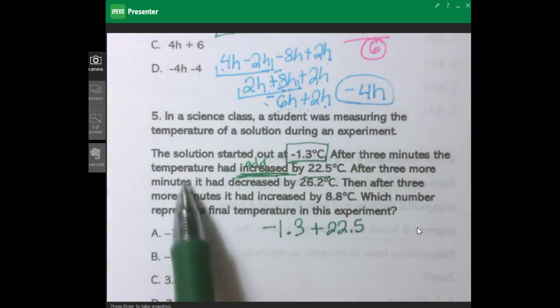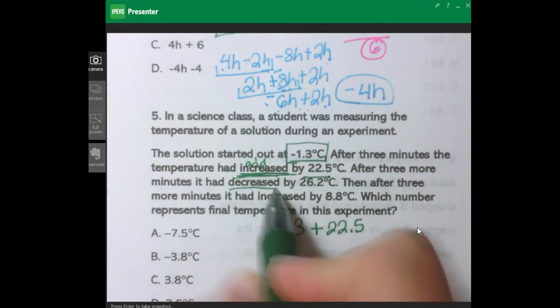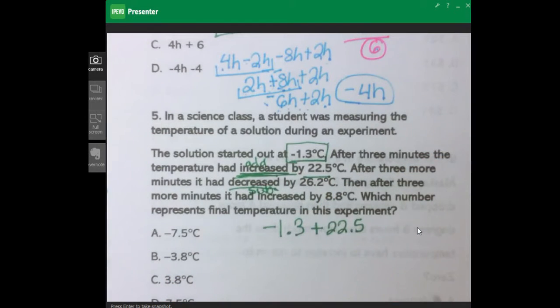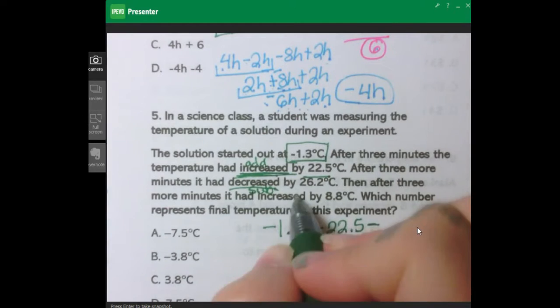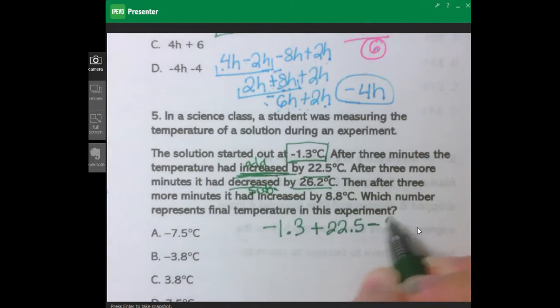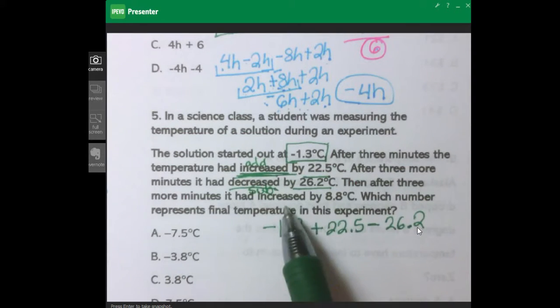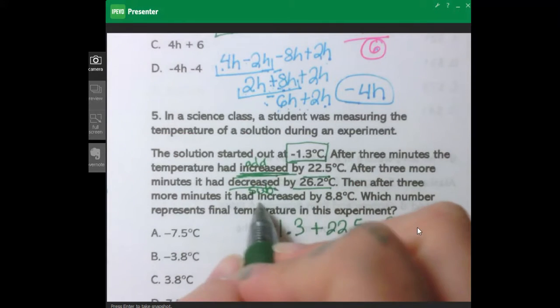And then after another 3 minutes, it decreased. That means we're going to subtract. I'm going to put a subtraction here. And it decreased by 26.2. Then after 3 more minutes, it increased by 8.8. Again, increased.